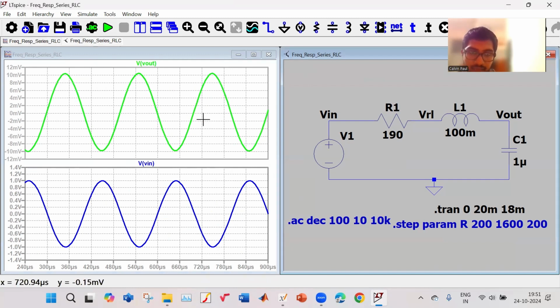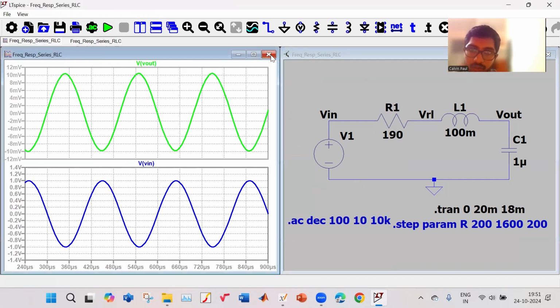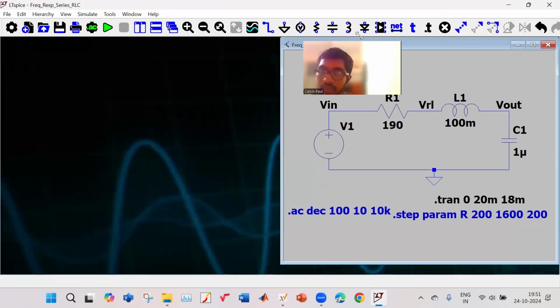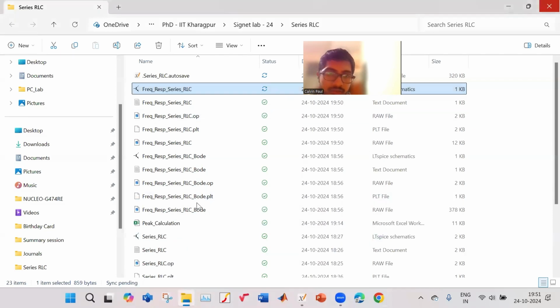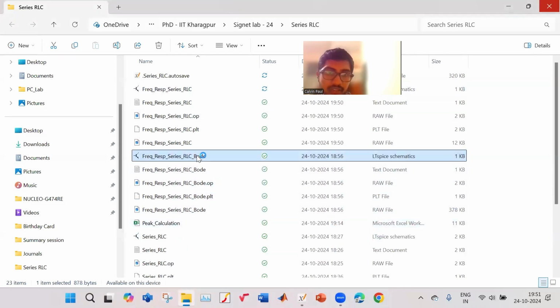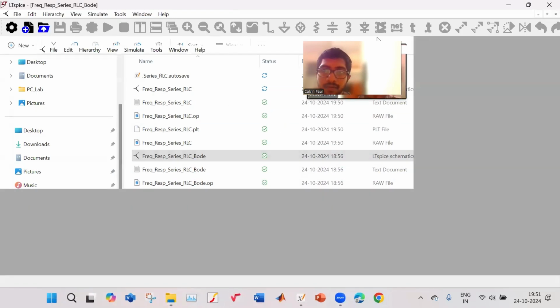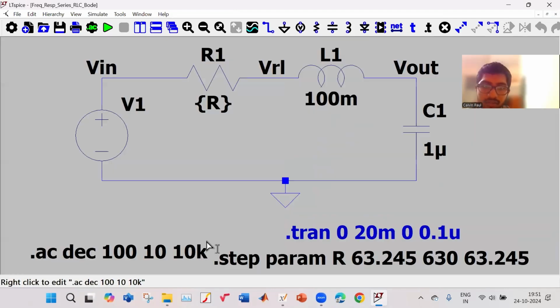So using this information, we will get the gain and we will get the phase, and we will then draw what is known as a Bode plot. That Bode plot can be drawn using LTSpice. There's a command which will draw the Bode plot.